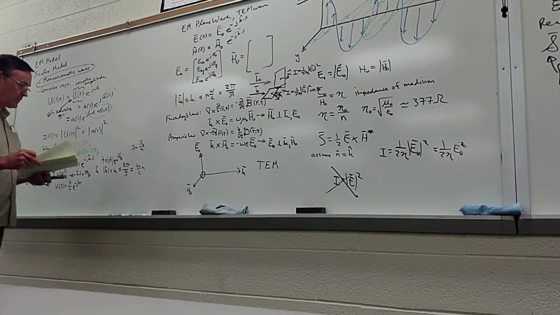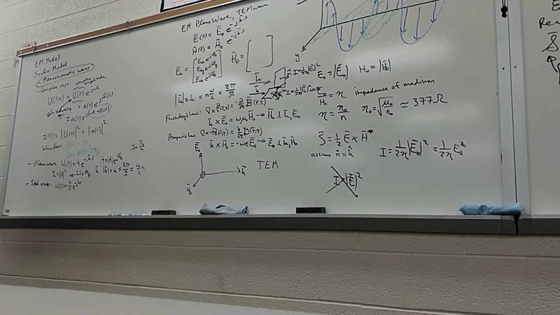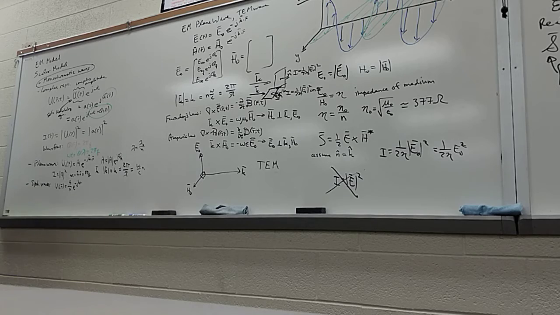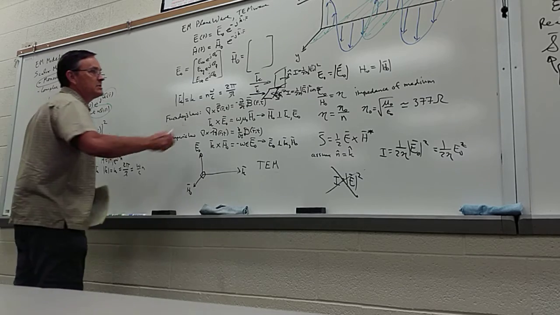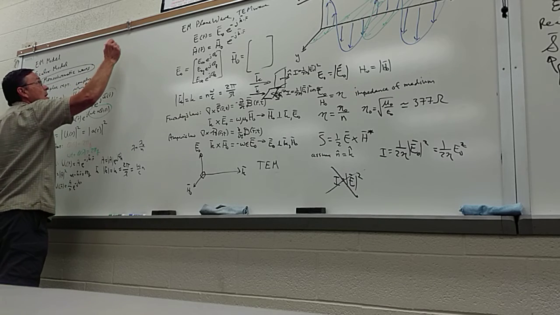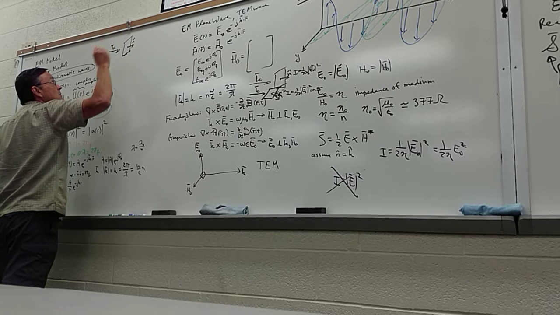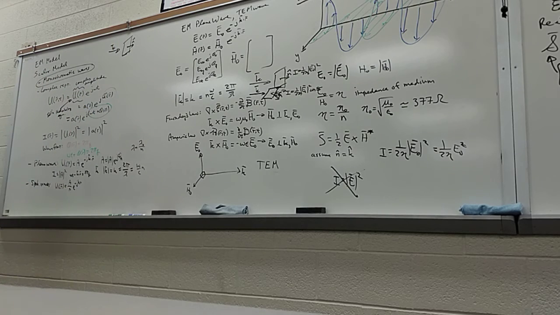Okay, so now, final point is we want to make the connection between a scalar wave and an electromagnetic wave. So let's say that we have this situation right here. We've got a plane wave propagating this direction. We've got a surface with a surface normal that is in the same direction as the wave vector.